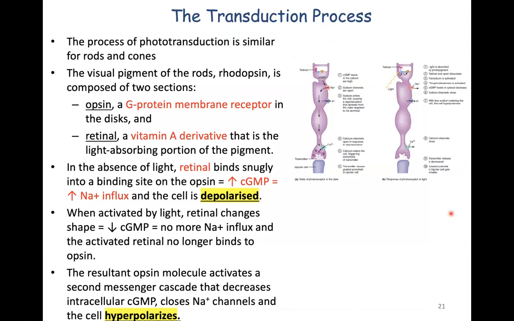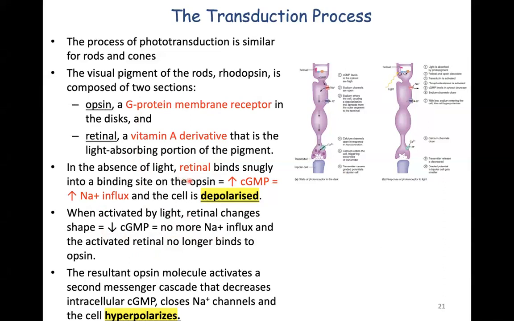So when the light is very intense, what happens? Focus here. When the light is very intense, the rhodopsin becomes bleached, and this decreases cyclic GMP, no sodium influx, and this retinal no longer binds to opsin, which was the G protein membrane receptor.